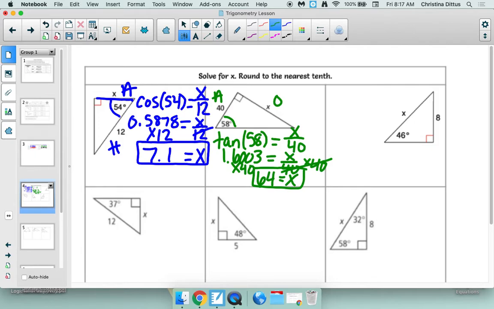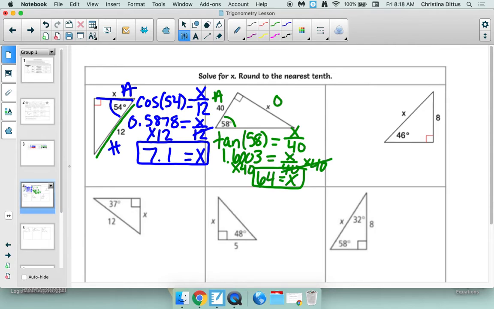Yeah, that seems reasonable. If I would have gotten 64 over here when this is 12, that would have been whack. Especially because your hypotenuse is always your longest side. So if you're given your hypotenuse, you should never get anything bigger than that. Here, 64 is pretty close to 40. I mean, considering we're talking about big numbers.